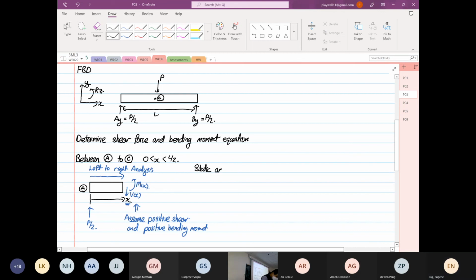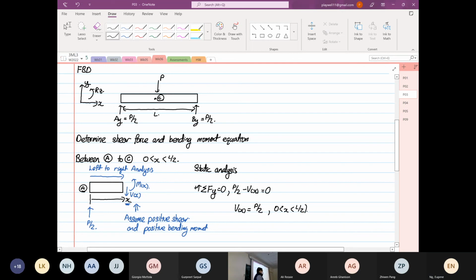Okay. Positive is going up. Summation of forces in the y direction is equal to 0. Okay. So it's P over 2 minus V as a function of x is equal to 0. V as a function of x is equal to P over 2. And this is true from 0, x to L over 2.